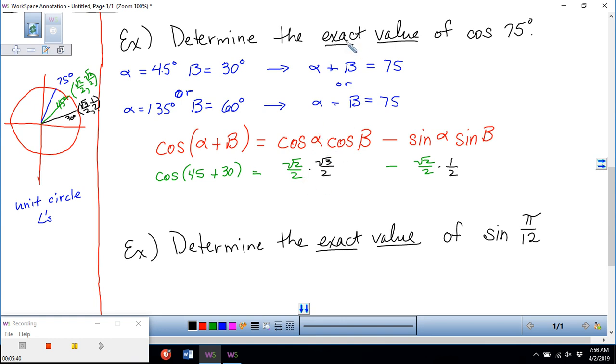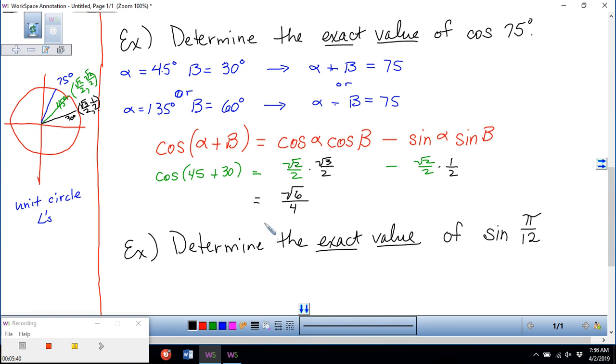Remember, we're finding an exact value. We're not putting it in the calculator and getting a decimal. These are exact values for this particular number. And then the last thing I'm going to do is I'm just going to simplify these products and make an expression out of it. So square root of 2 times the square root of 3 is the square root of 6. 2 times 2 on the denominator is 4.